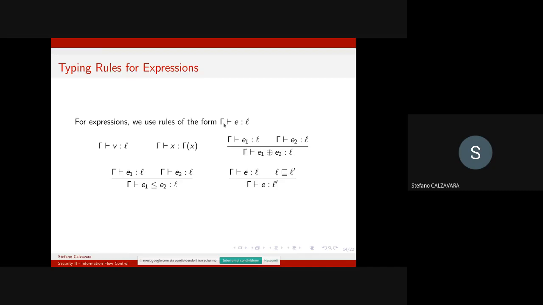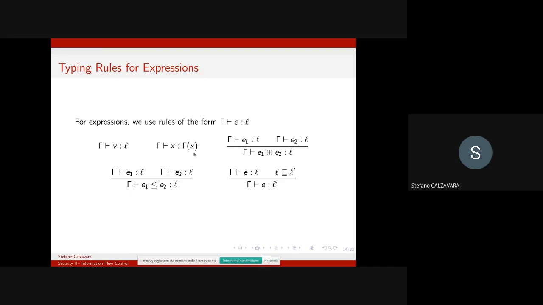We have a bunch of possible rules. I show you just a few representative rules because they essentially show you the full intuition of the type system. Let's skip this one for a moment. Let's start from this one. This one is very, very intuitive.